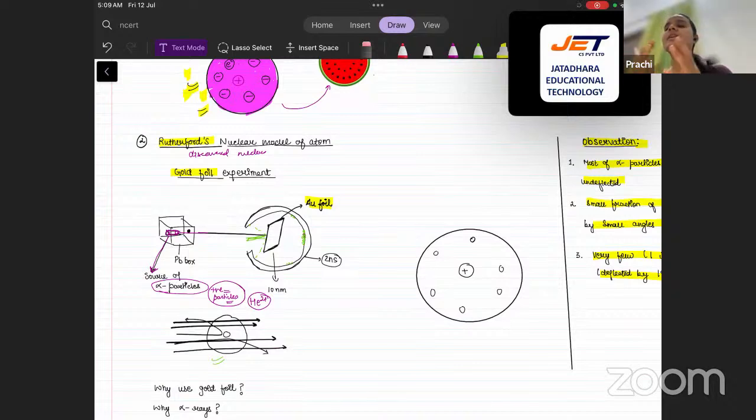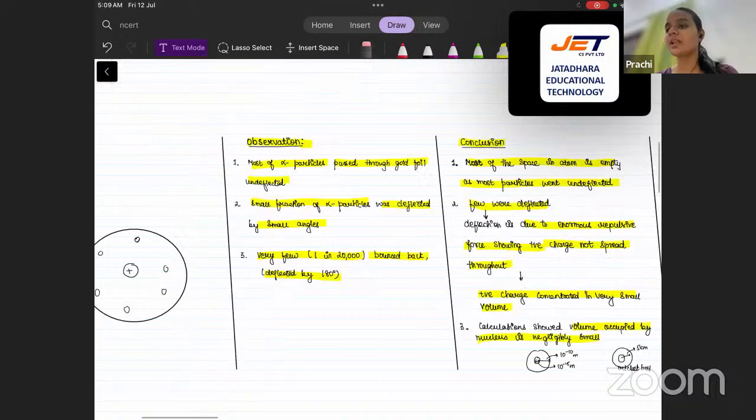Then he said that all the positive charge is concentrated at one place, and all the mass is densely concentrated at the center, and he gave that center the name nucleus. And then he said that around this nucleus all the electrons are revolving in circular paths, which are known as orbits.